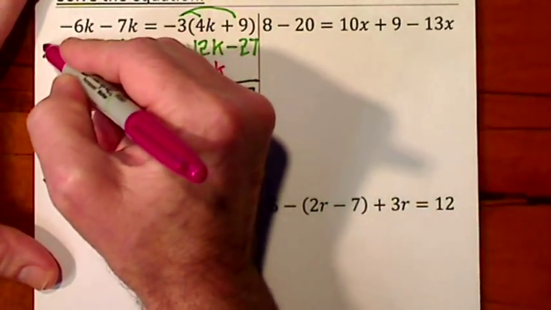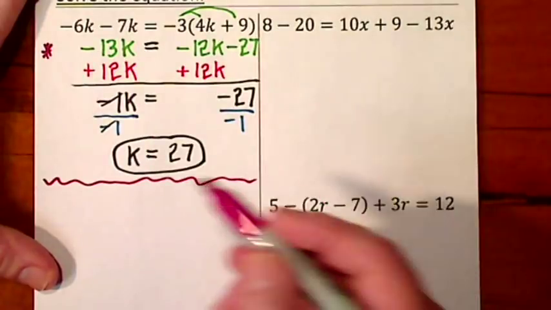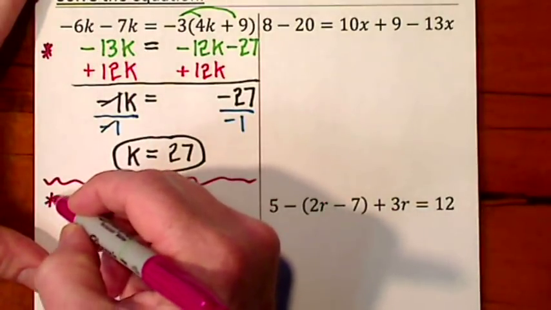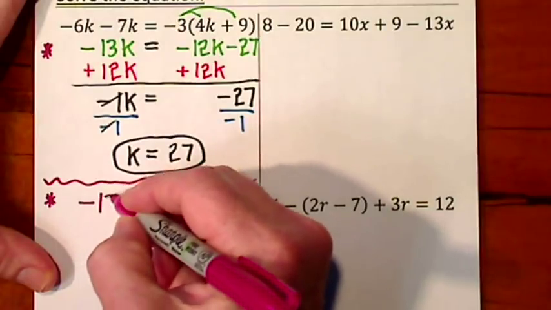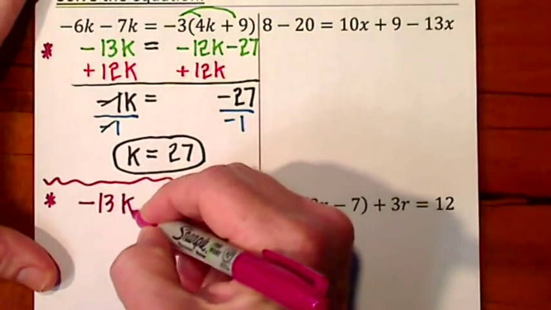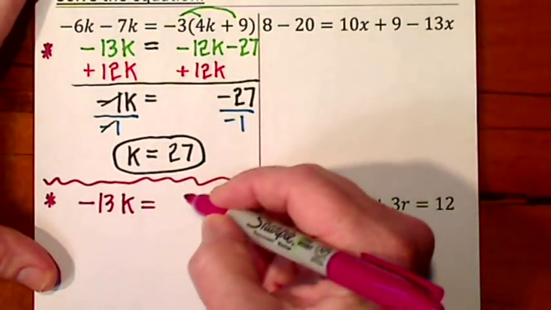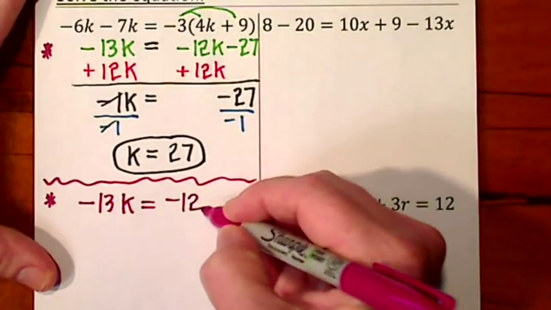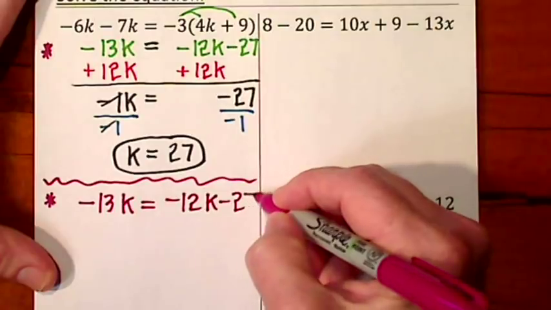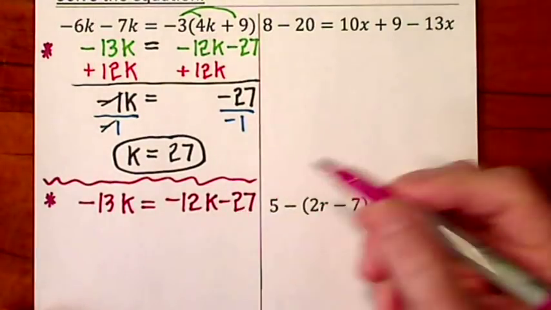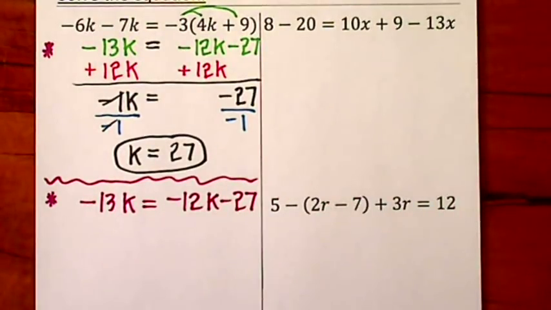So I'm going to rewrite it at this point. We had -13k equals -12k minus 27. I could say -27. The words are more or less interchangeable.